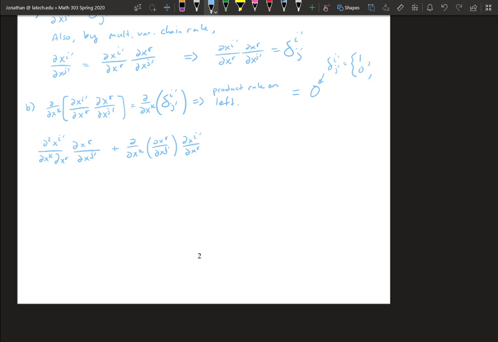So I'm doing the product rule, and now this function is a function of x prime coordinates. So use chain rule.